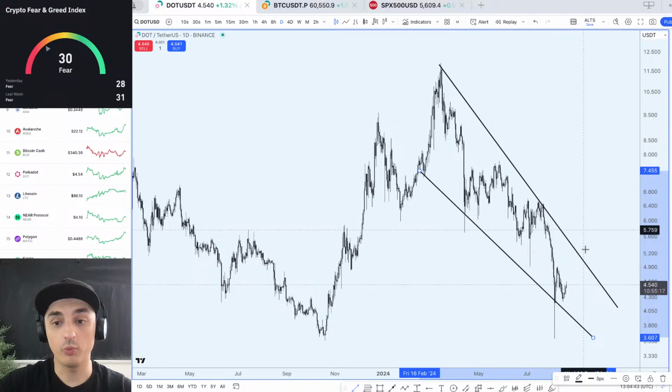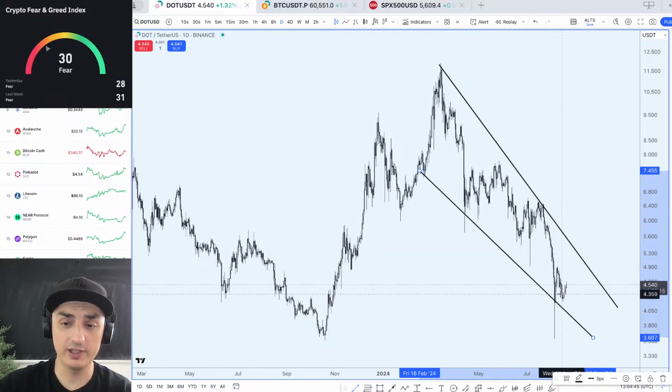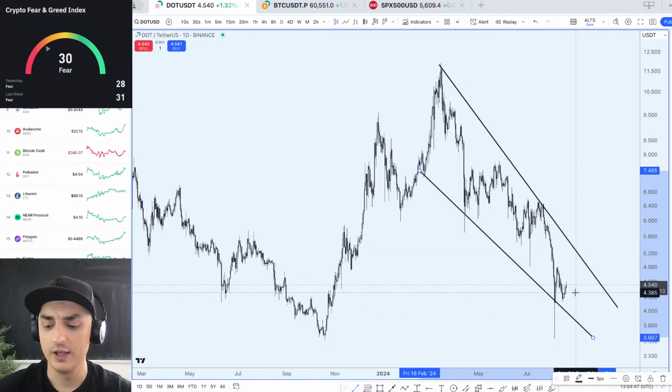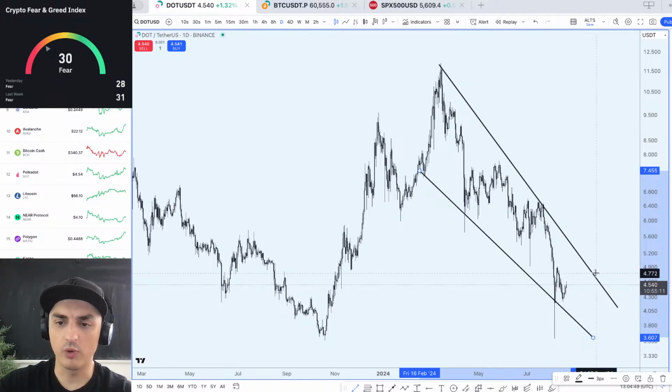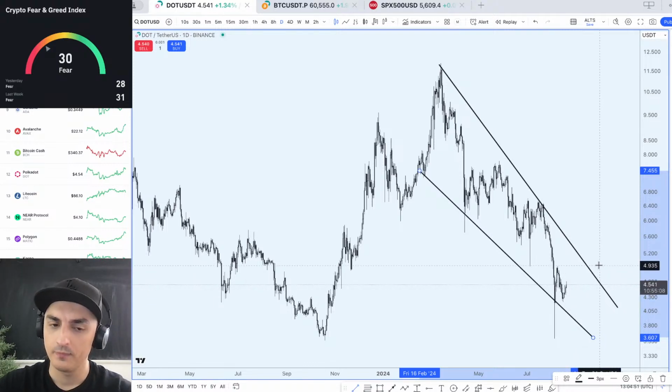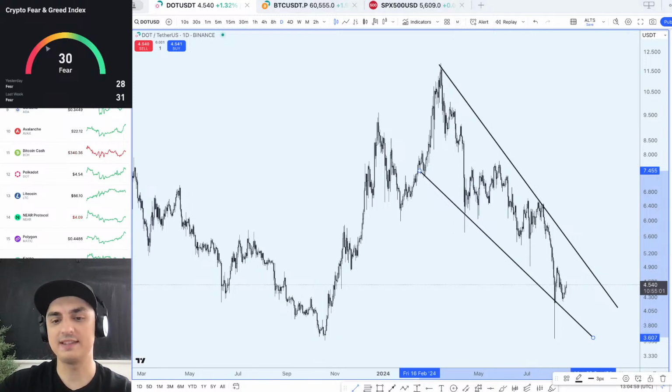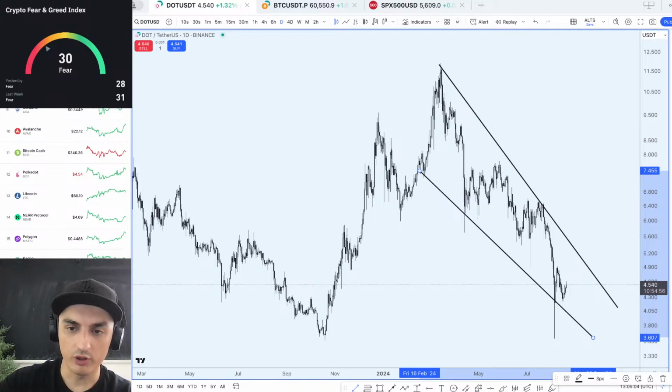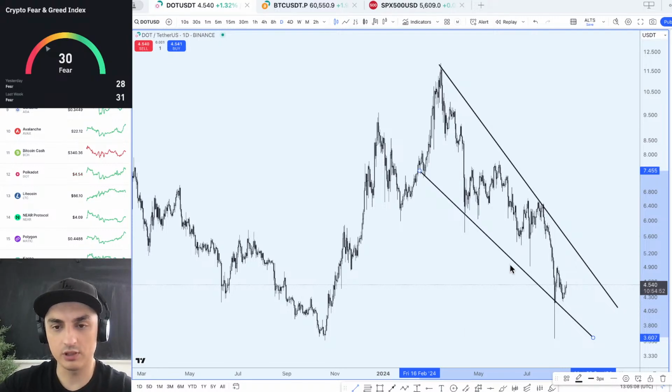Even though we are really close to the support of the channel, we are still kind of far away from breakouts, and that makes me think that we are still going to have some kind of wacky price action. It could be just sideways, it could be downward price action. So I don't really think that we're going to see any more push to the upside.